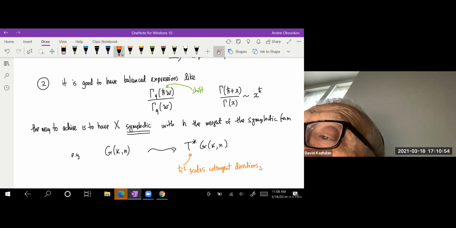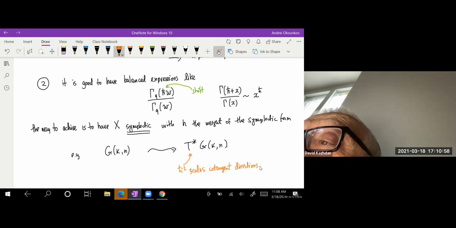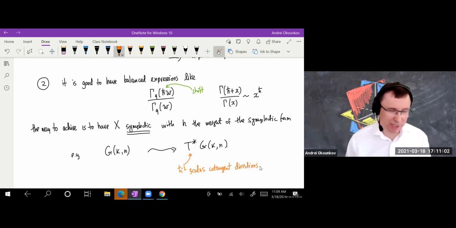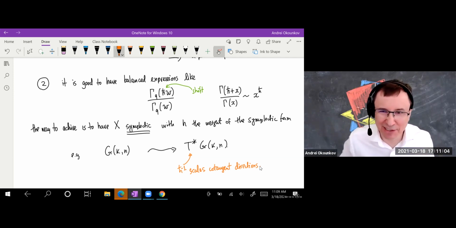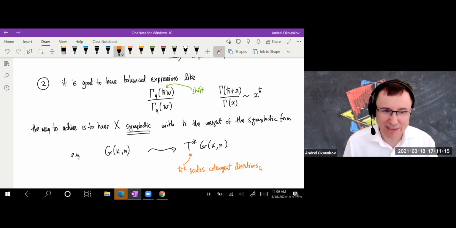And if instead of Grassmannians, I give you a coadjoint orbit, yes, exactly. Of course, this is nothing new for people in Jerusalem, because having that kind of scaling is crucial for many things in geometric representation theory, but also purely from the point of view of special functions, it's very good to have expressions that are balanced.